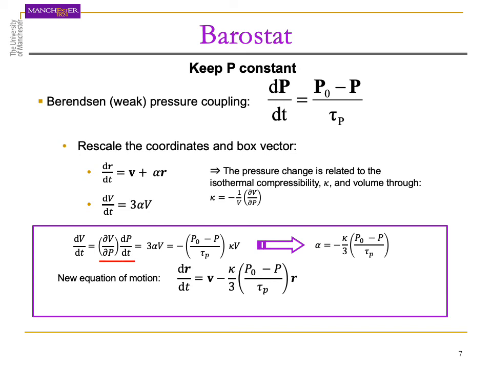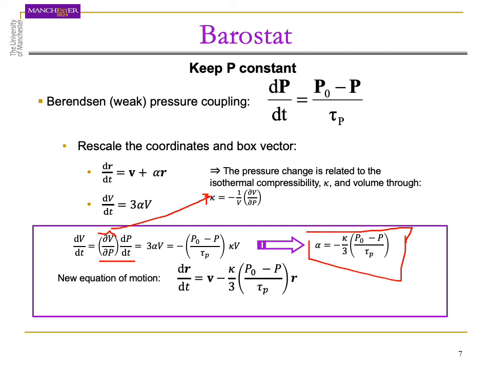Now this term here is the isothermal compressibility, and what we obtain finally, if we express alpha in terms of the quantities that we have, is that alpha is given by this term.